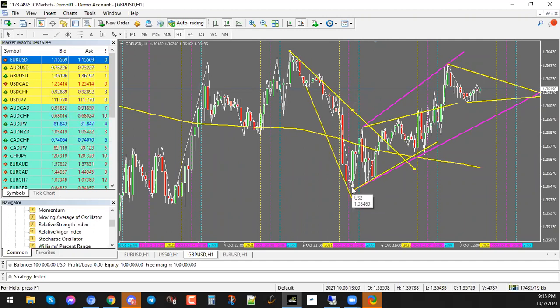Okay. And as you can see, this basically showed me how price is moving. Price basically tries to stay inside of this pattern that we drew here, which is a trend.